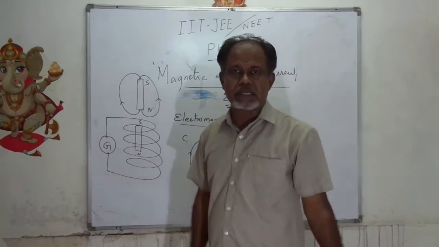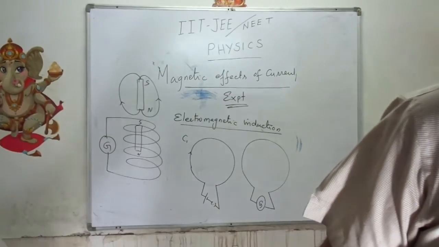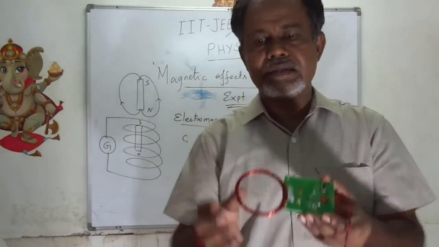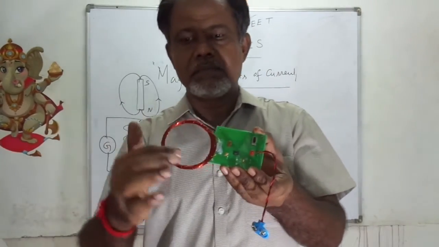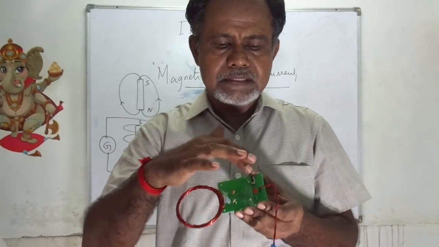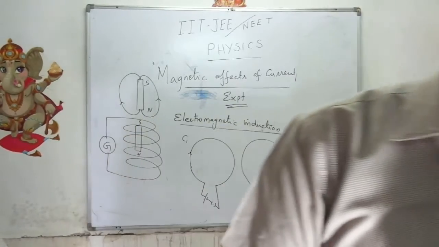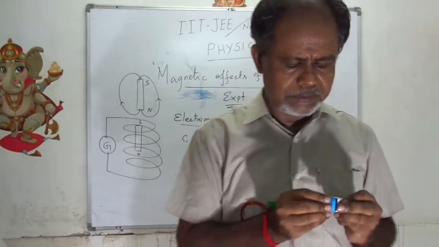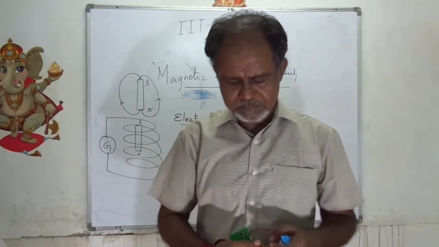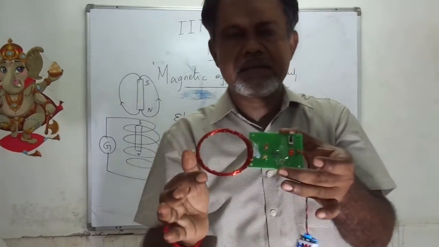This can be explained with the help of a small experimental setup. This was the design. This is a coil, copper wire, and a switch. I am going to connect a 9-volt battery here. Just I connected the battery. This is a wire.